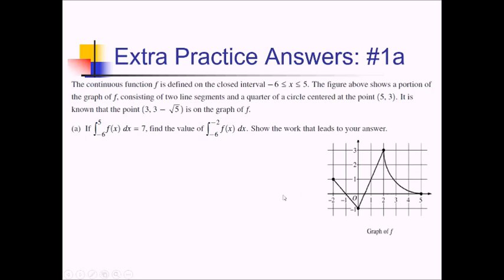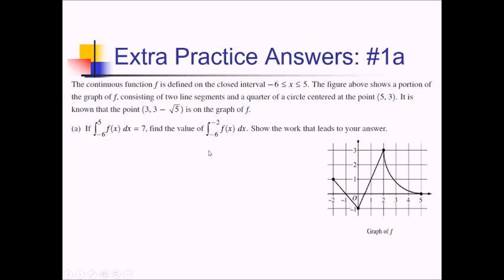What they want to figure out is the value of just -6 to -2, just the part that we can't see here. So we know the area of the entire thing. We could find the area of this piece that we can see using some geometry. So we can use those two areas to find the area of the part that we can't see.